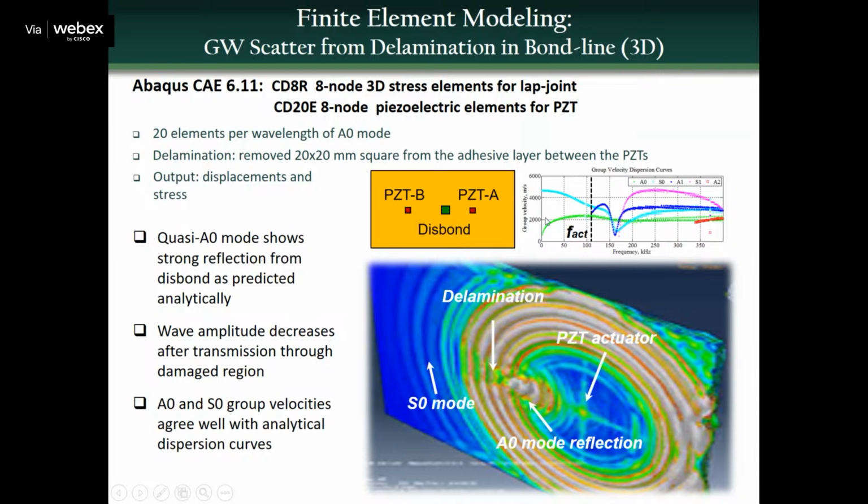And we see that the A0 mode shows strong reflection from this bond as predicted from the analytical solution, where, as I mentioned, we have two sensors here. We have a debond, and you can clearly see the debond or delamination response here from the A0 mode reflection from our simulation.